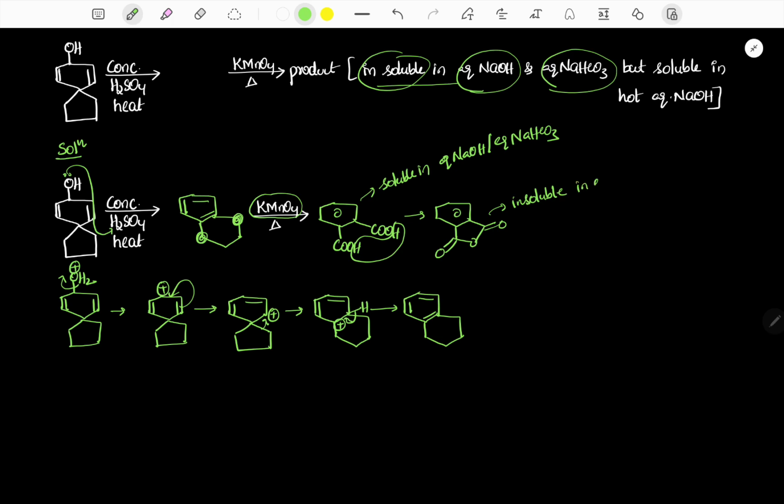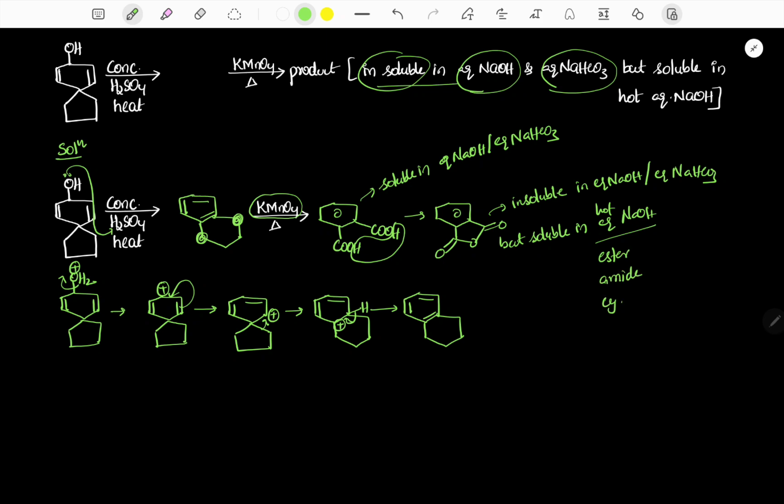Anhydride is insoluble in aqueous NaOH and aqueous sodium bicarbonate, but soluble in hot aqueous NaOH. So generally for hot aqueous NaOH we have to consider ester, amide, cyanide, isocyanide and anhydride. So these functional groups are soluble in hot aqueous NaOH.